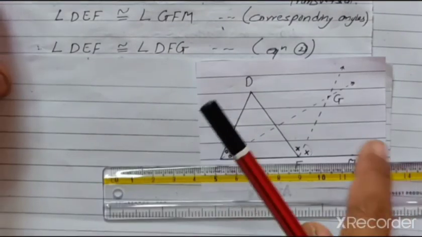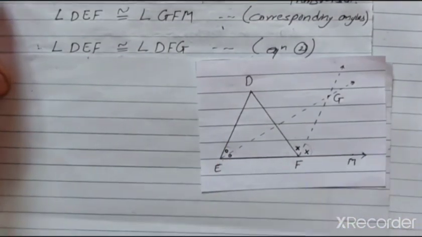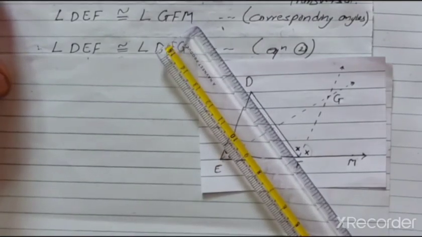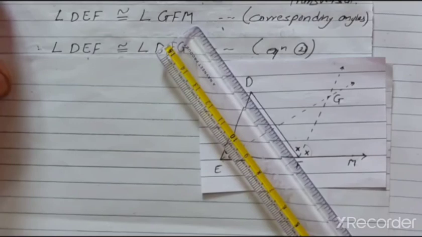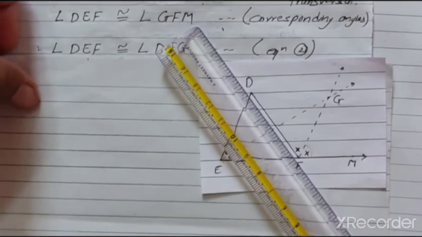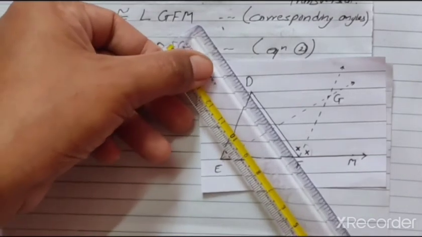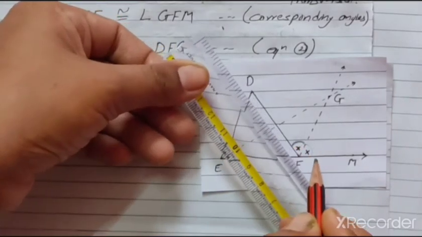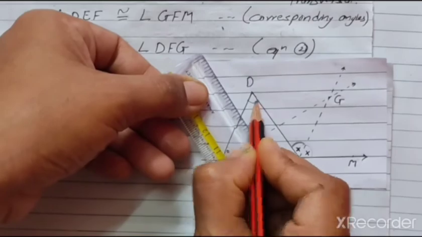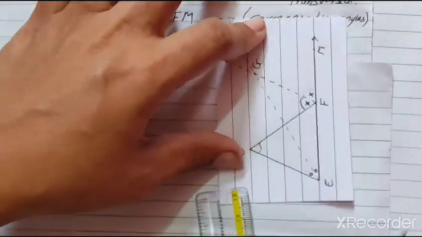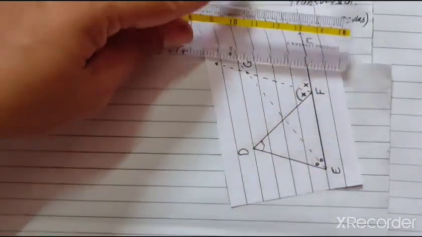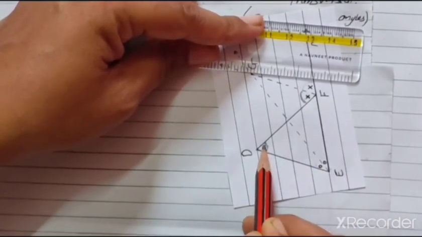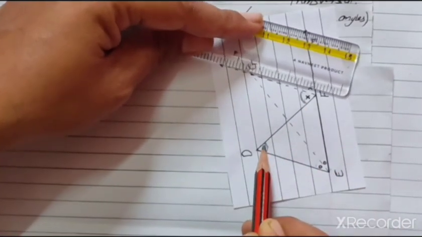Now again from the figure, these two lines are parallel and now I am using DF as their transversal. So if DF is a transversal, you can say this angle is congruent with this one. If you rotate this figure, you can see these two angles are congruent, both are interior alternate angles.